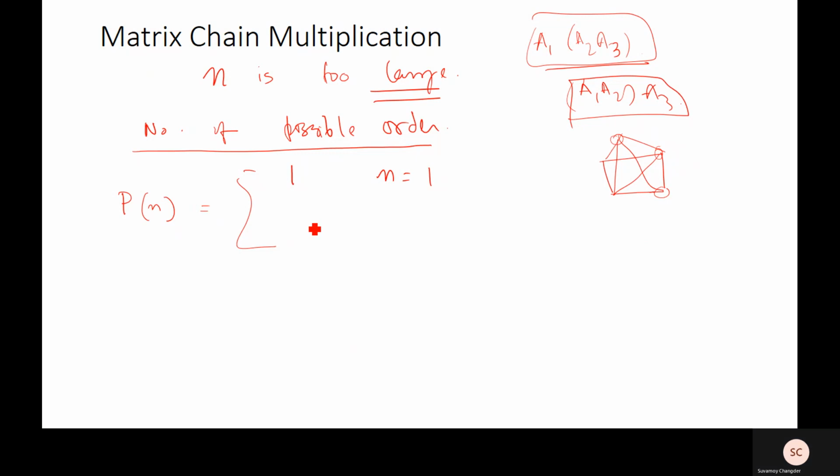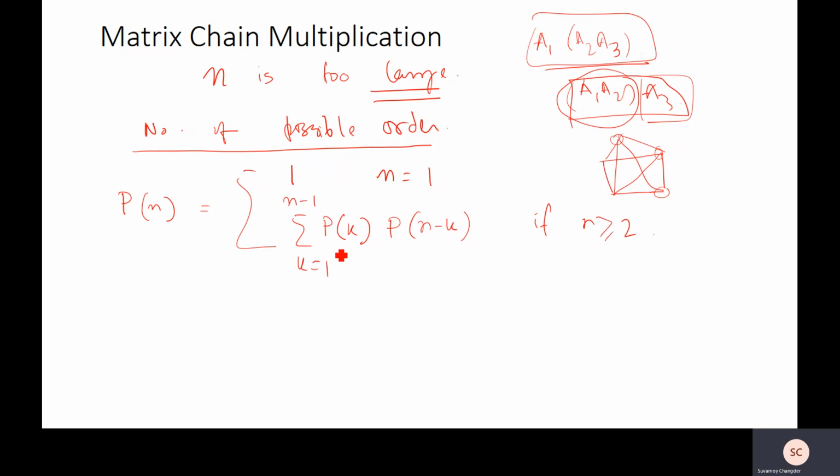And it equals the sum of P(k) P(n minus k): on one side we are considering k elements, on the other side n minus k elements, if n is greater than or equal to 2. Here k varies from 1 to n minus 1.